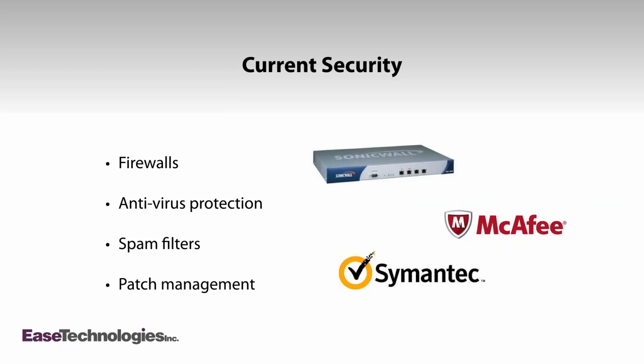Antivirus protection and anti-malware protection, you're going to install on the computers on your network. Spam filters, again, filter out email that's coming from the outside world to your network. And then patch management is just making sure that all of your security devices, including your computers, are up to date with the latest updates.